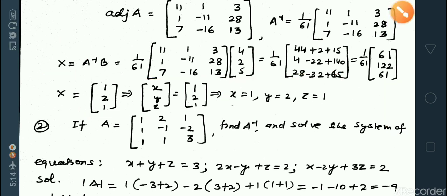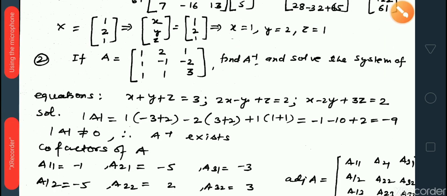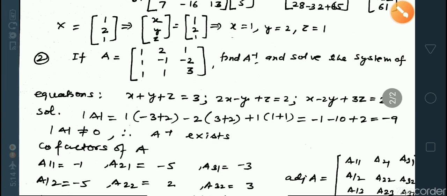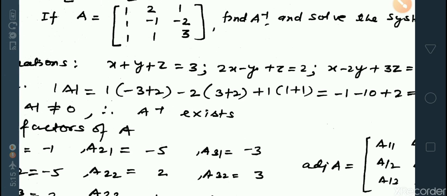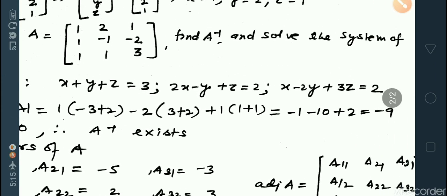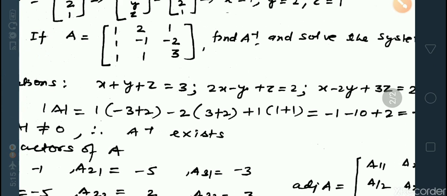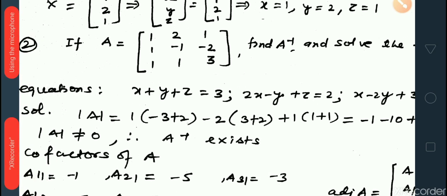So now, children, let's move to another example which is different from the first one. Example 2 is, if A is equal to this matrix, then first find A inverse and use A inverse to solve the following system of equations. Children, we must use A inverse here to find the solution of these equations.